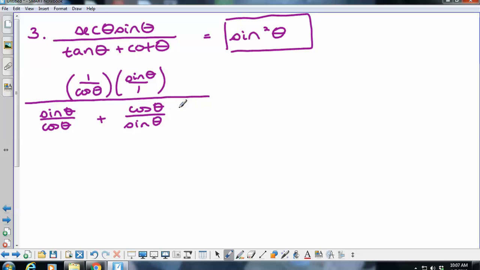Okay, if you want to simplify this denominator, we are going to need a common denominator. And to do that, you would need a skeleton. So on the top, if you multiply, you're going to get sine over cosine.